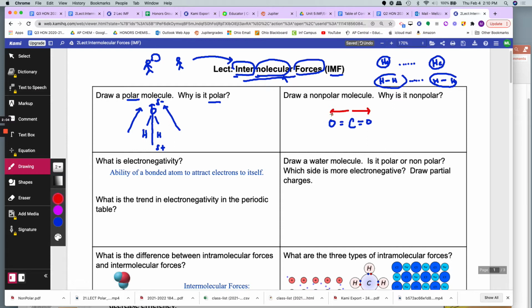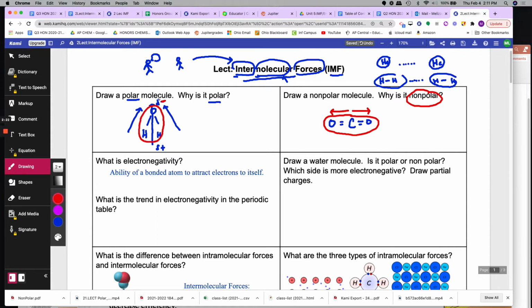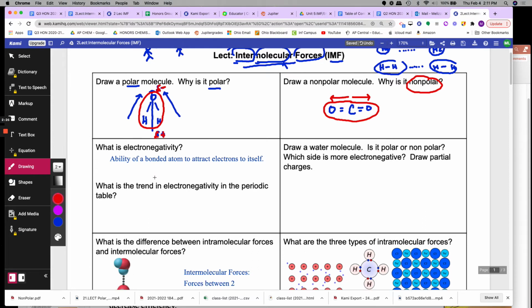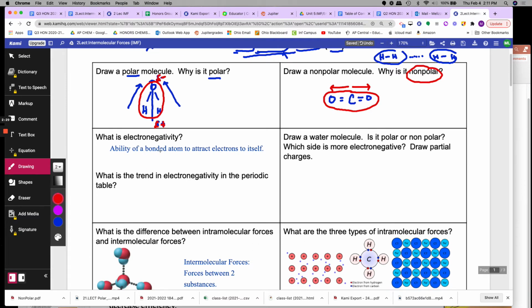But since these two vector forces will cancel each other out, this molecule is nonpolar. It has no positive or negative end. So this molecule is neutral everywhere, no positive, no negative, as opposed to this molecule, which has a partial negative on the O and a partial positive on the right.